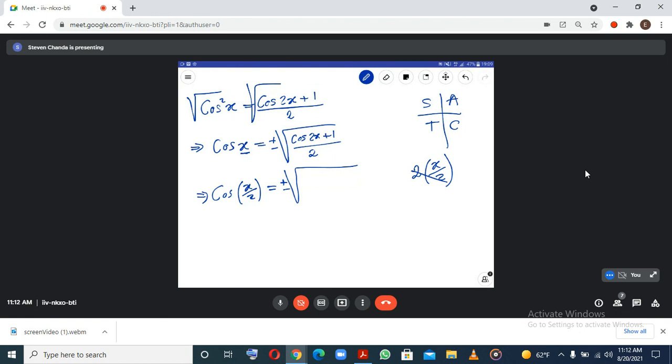So it's going to be plus or minus the square root of (1 plus cos x) over 2. Okay, so that's the half angle formula for cos. So remember, the beauty about deriving these things is that first of all, it reduces the workload of memorizing. But again, the more you practice these things, the easier it gets with remembering them. So let's take note of that.